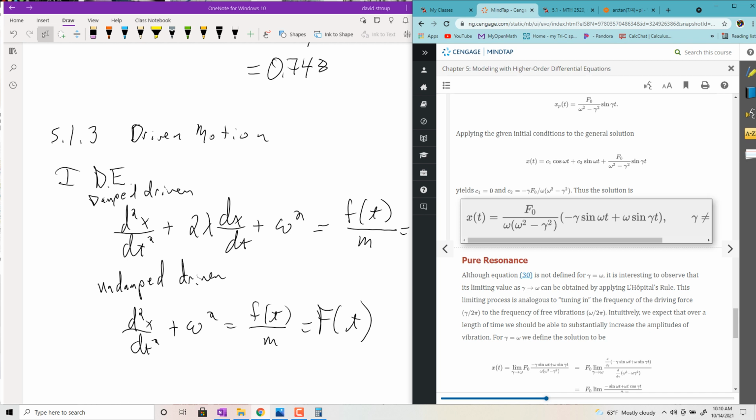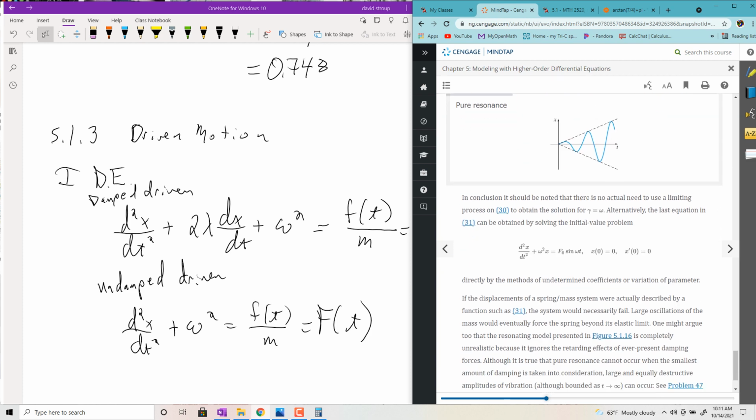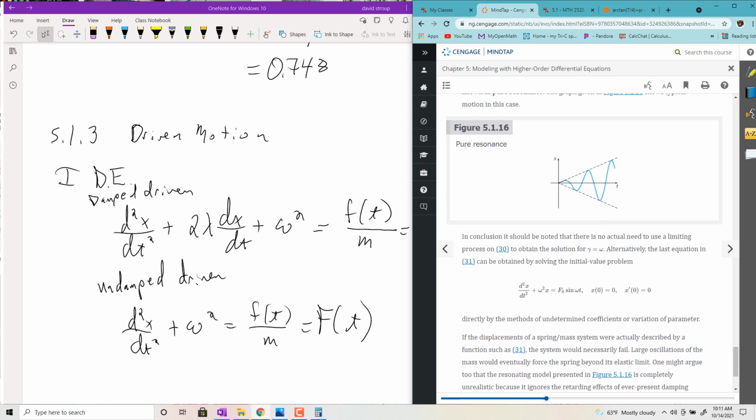So basically when those two constants approach each other, you'll have like an L over 0 form, which will, as time goes on, go to infinity. That means the motion will go out of control, like in this picture here where you see pure resonance. It causes bad things to happen if that's your machine. The machine will blow apart, basically, if it goes into pure resonance.